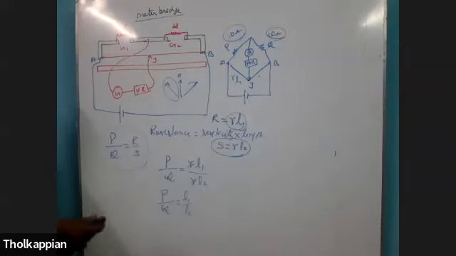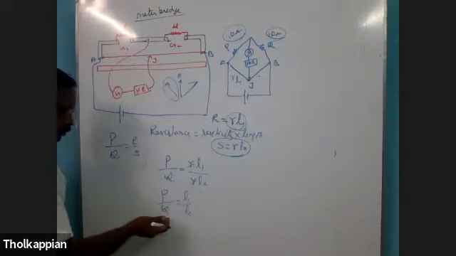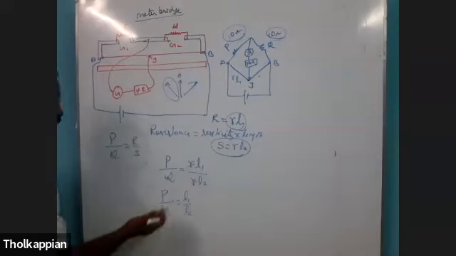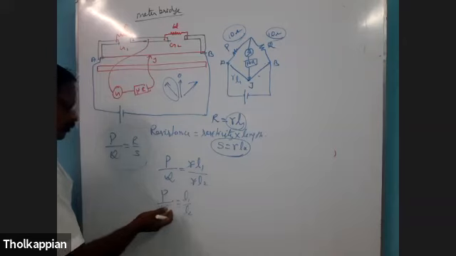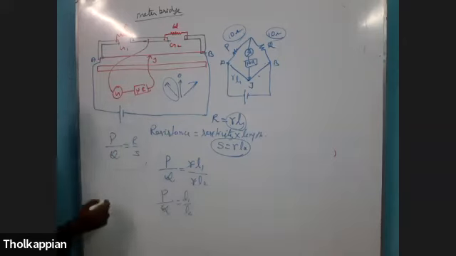The unknown resistance may be Q or it may be P. If you consider the unknown resistance to be Q and the known resistance to be P, you can write Q by P is equal to L2 by L1.